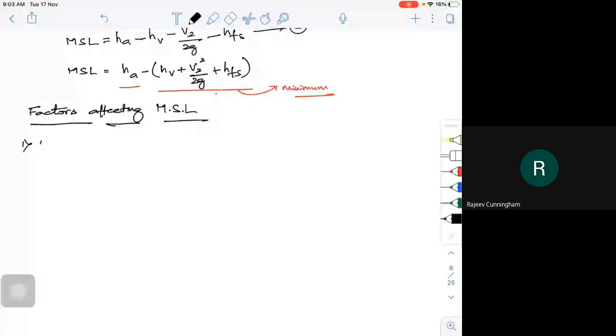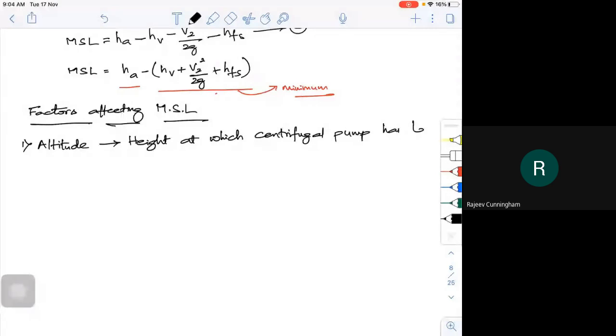One factor which is very critical on your maximum suction lift is the altitude, the height at which the centrifugal pump has to be installed. Where am I supposed to keep this centrifugal pump?